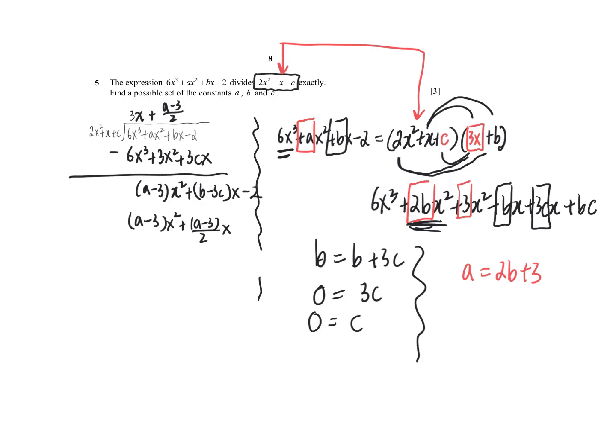If not, don't do long division, not recommended. Okay, so you subtract it off. So that's how that thing goes away. So when you compare, it will be these two equating to each other and these two equating to each other.